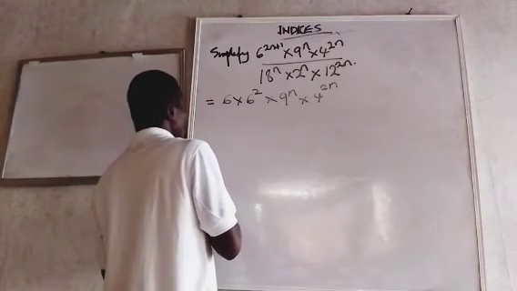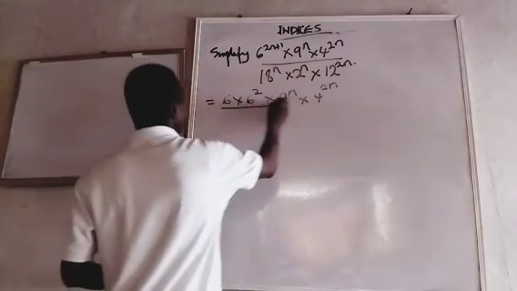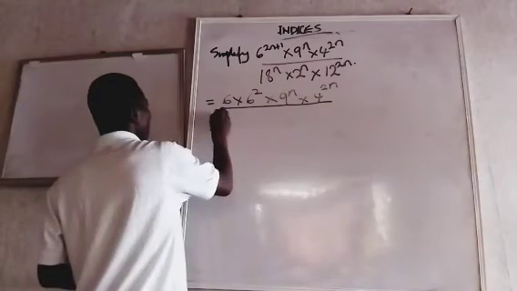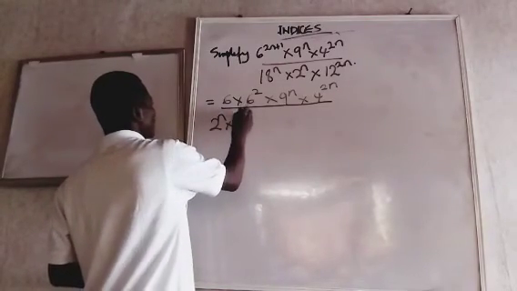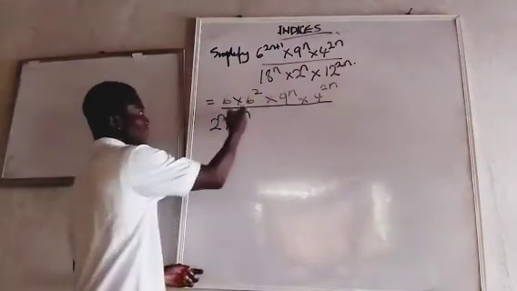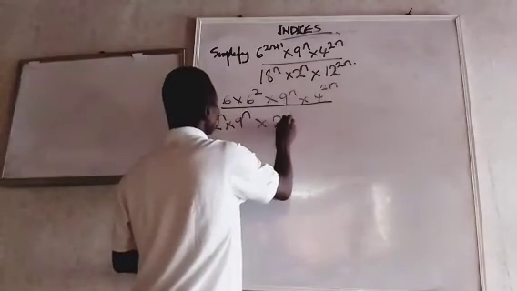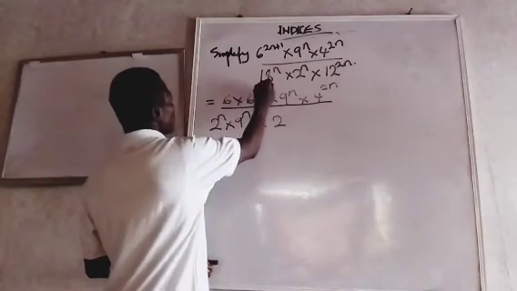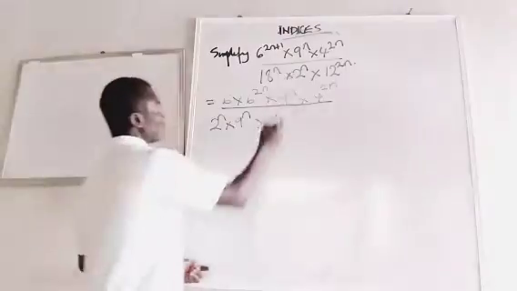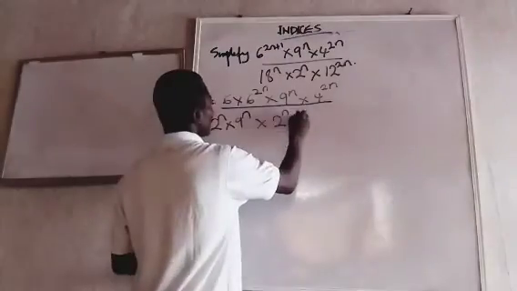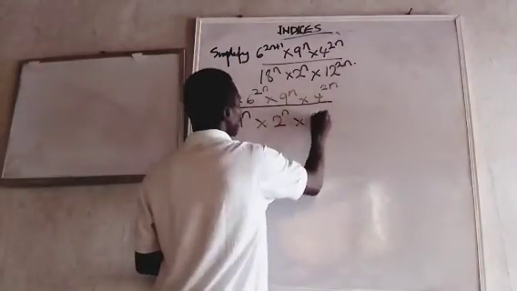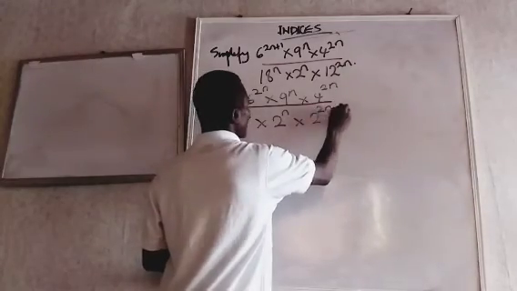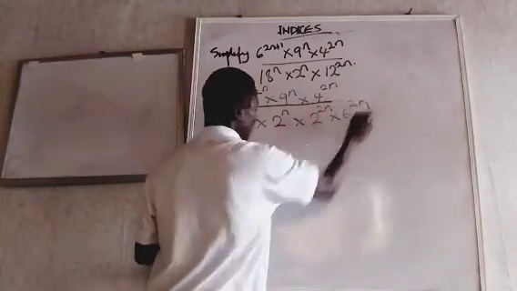And then we can also make this one 2 raised to power n times 9 raised to power n, we wrote this as 18 raised to power n. Then 12 raised to power 2n, this will now be 2 raised to power 2n times 6 raised to power 2n.